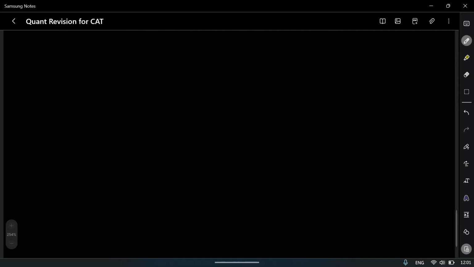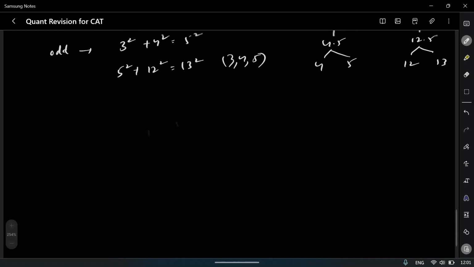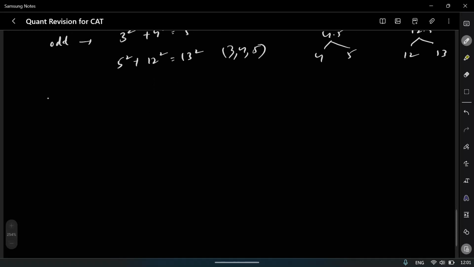Another thing is for even numbers, such as 4 square plus 3 square equals 5 square. If you take 4 square, which is 16, one fourth of it is 4, which is the average of 3 and 5.